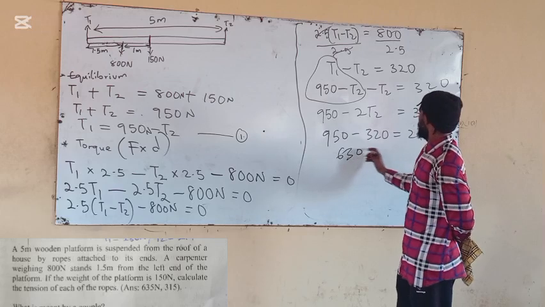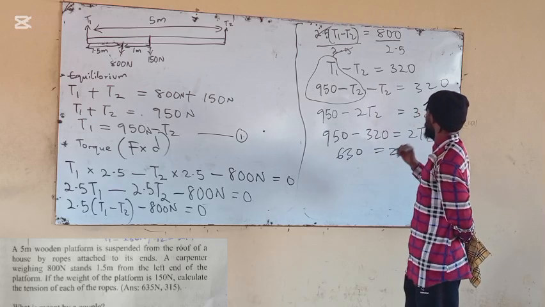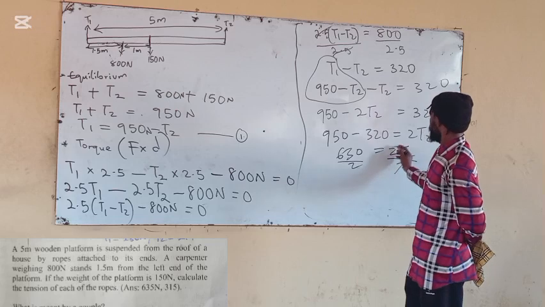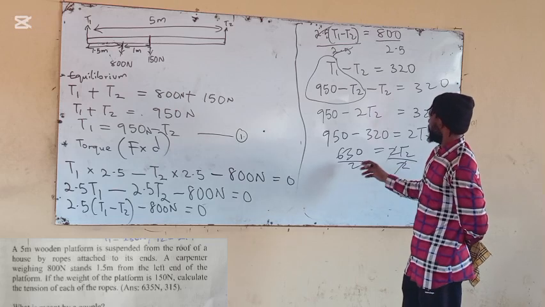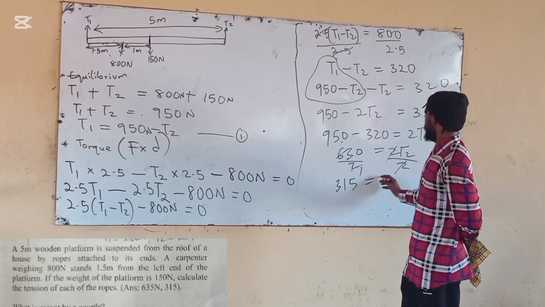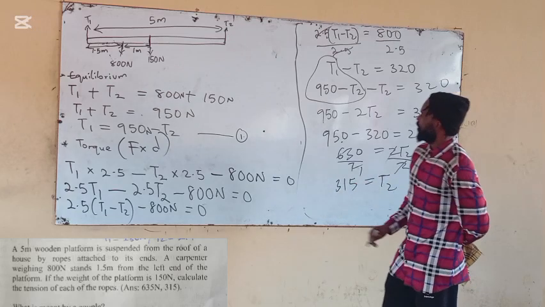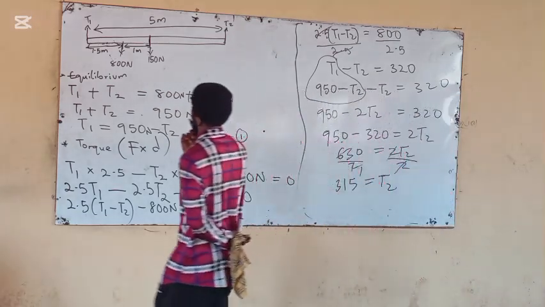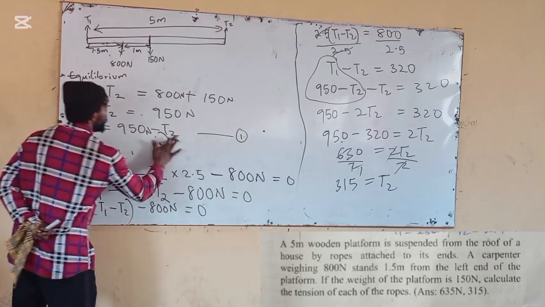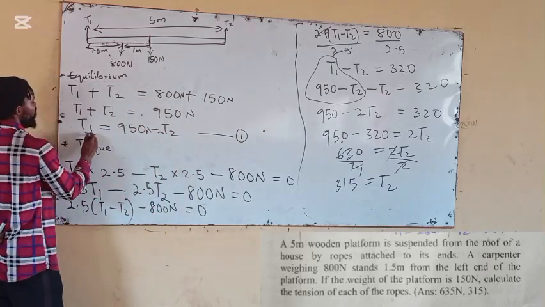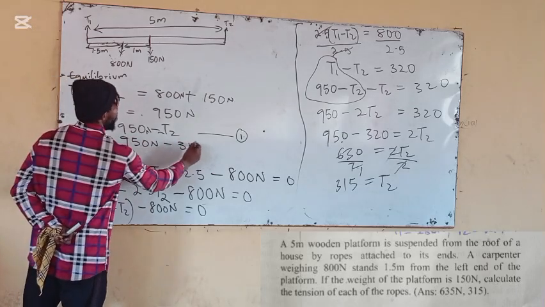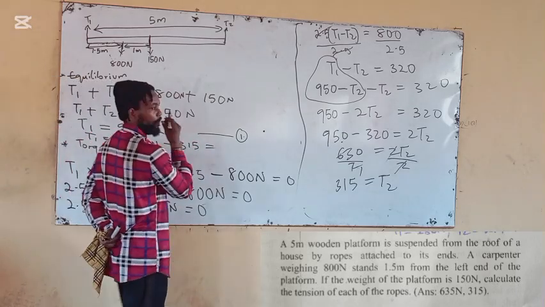Yes, 630, it equals 2T2. Divide both sides by 2, 315, for my T2. That means I can go back to T1 now to say T1 is equal to 950 Newton minus 315. What do you have?